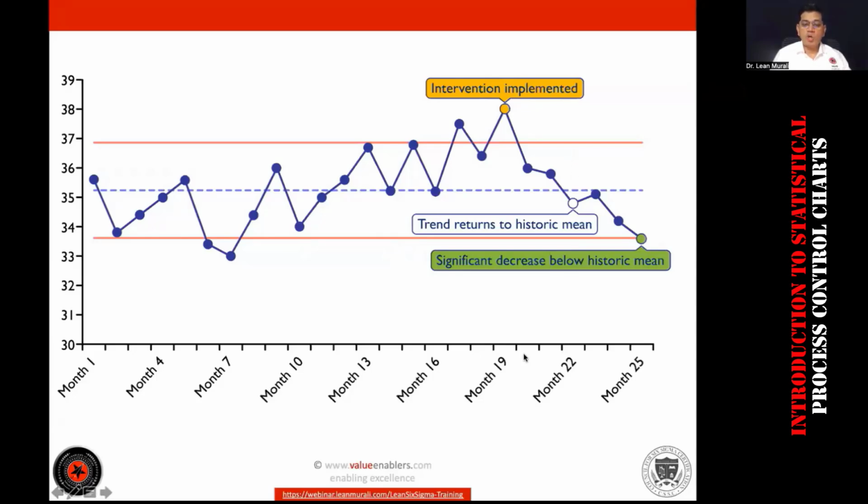When it is above or below the control limits, it is a symptom of a special cause. If this is clear, on a scale of 1 to 10, please give me a 9 or 10 if it is super clear. This is the way by which you can know that a special cause exists.